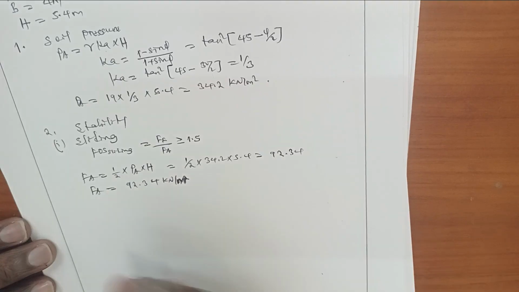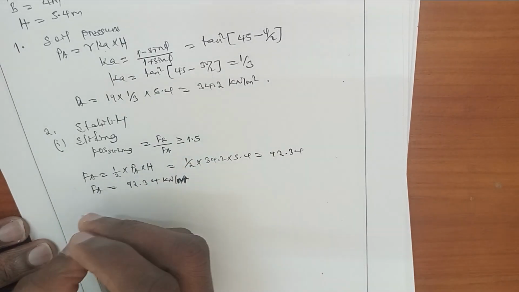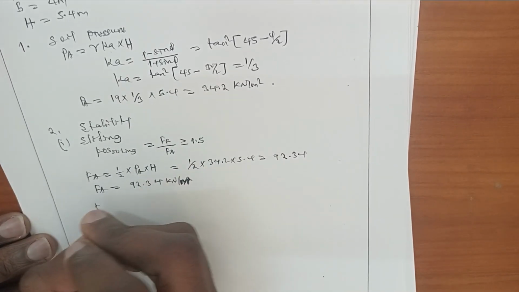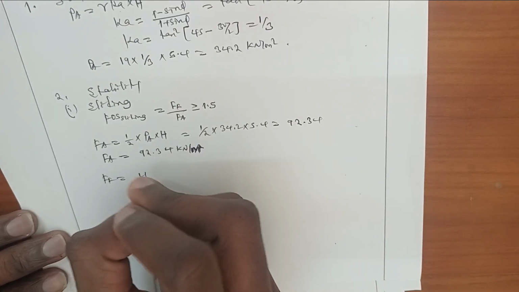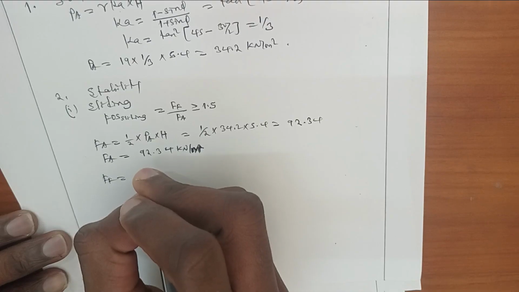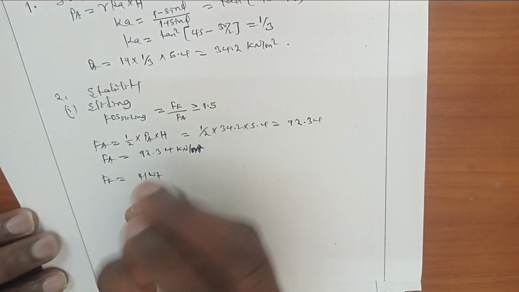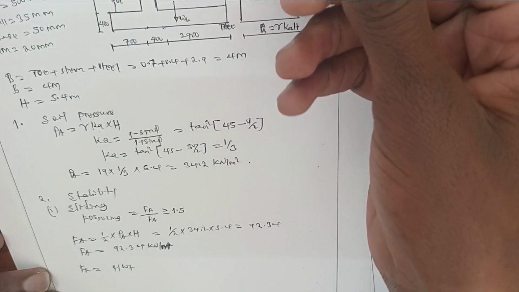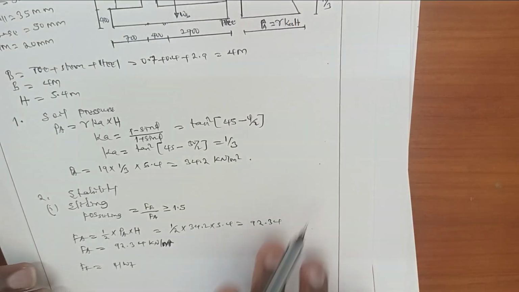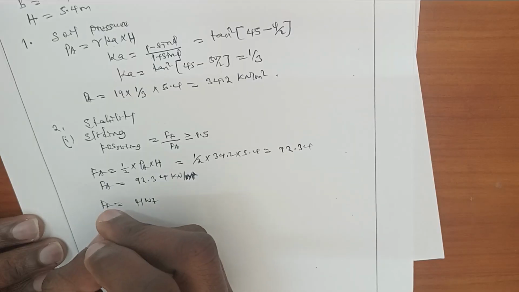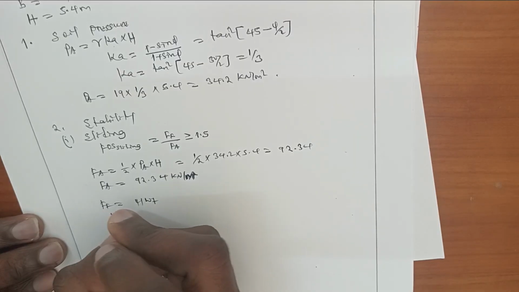Now, how can we get this friction force at the base? The friction force is obtained by taking the coefficient of friction times the total weight of the vertical loads. How is this total vertical weight obtained?